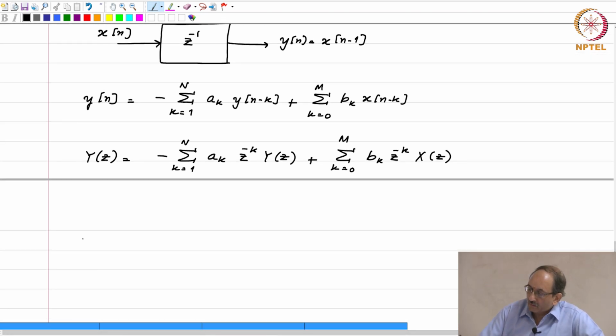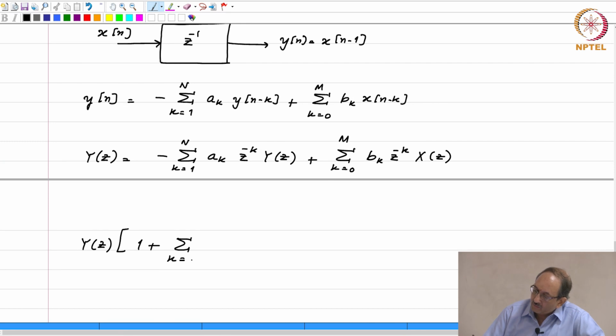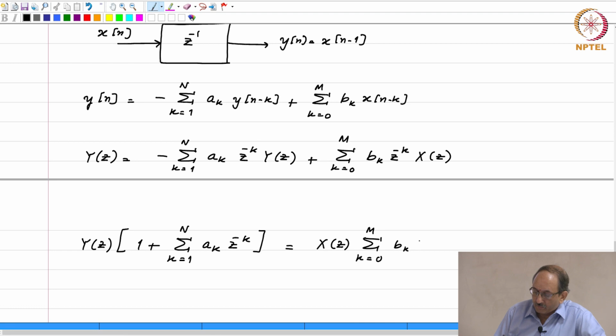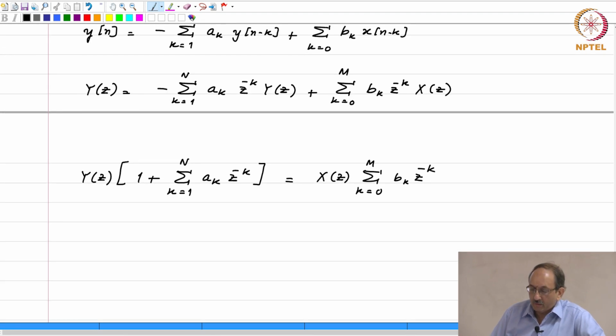Now, you can collect all terms involving y of z. So, this becomes 1 plus k going from 1 to capital N a k z to the minus k, and on this side we have x of z, k going from 0 to capital M b k z to the minus k.